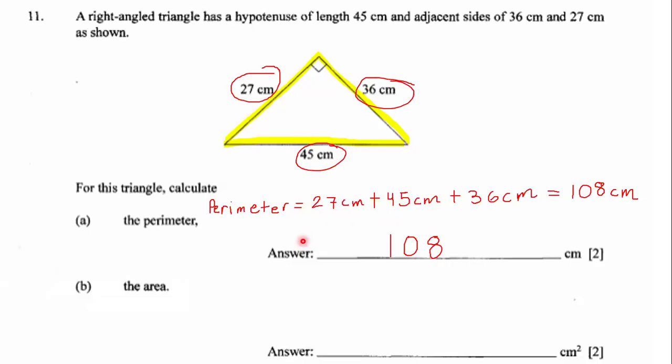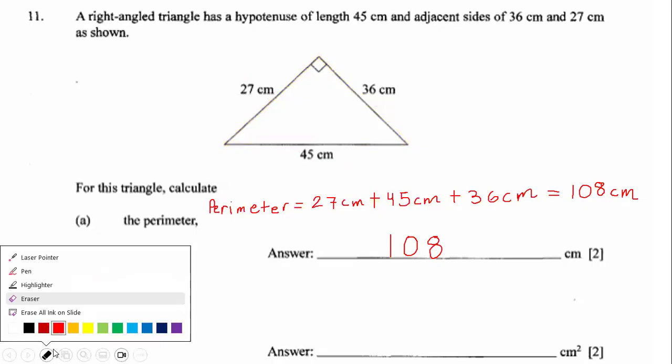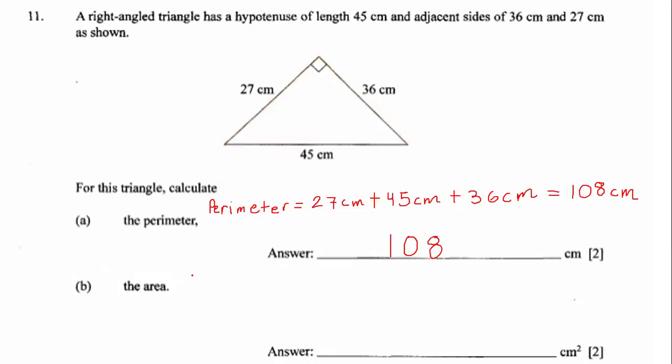Okay, good. So now what we're going to do is find the area. Does anyone remember how to do the area of a triangle? What's the formula for the area of a triangle? We just did this today. Base times height divided by 2.